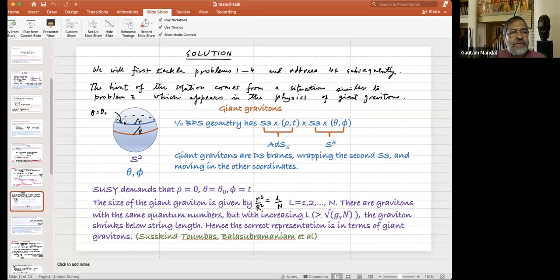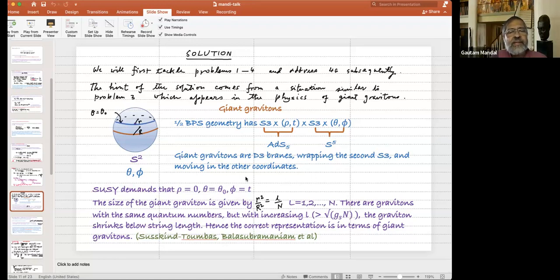Phi rotates linearly, phi is equal to t, and theta is the latitude of this S2, the remaining S2 after taking out the S3 of S5. So your D3 brane wraps the S3 and moves along theta equal to theta naught, along phi.